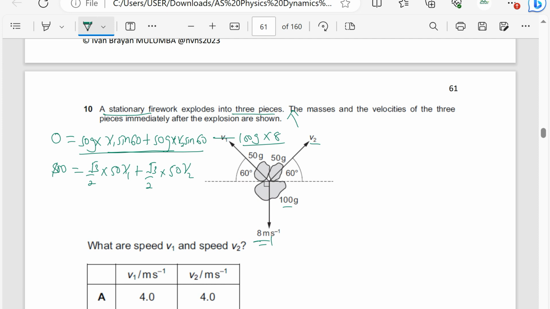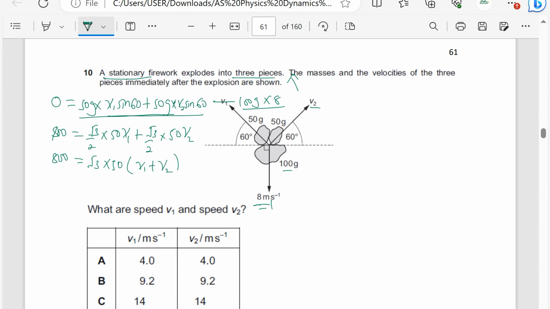So everything by 2. So I have 1,600. Oh, the 50 can cancel out. So it becomes 800 is equal to root 3 times 50 into v1 plus v2. Okay, now let's do inspection.